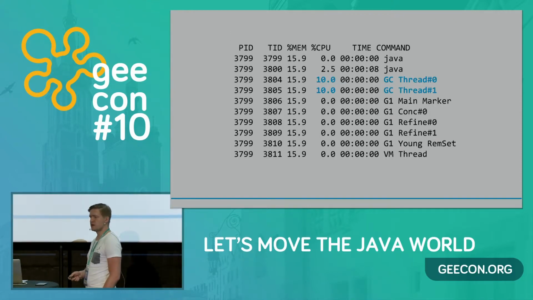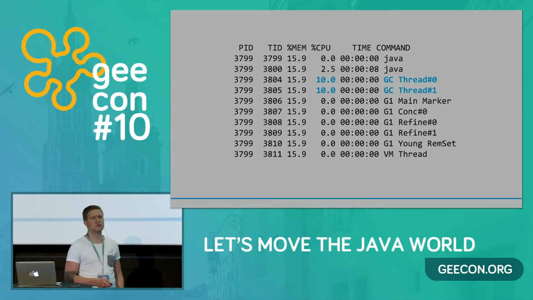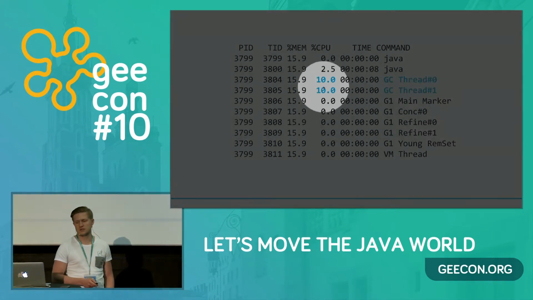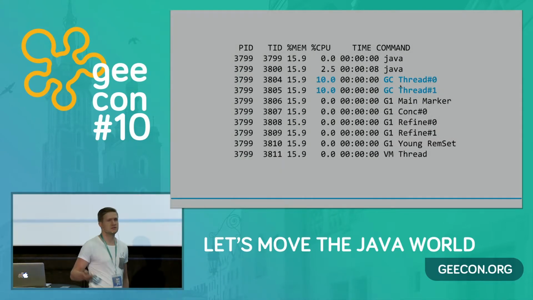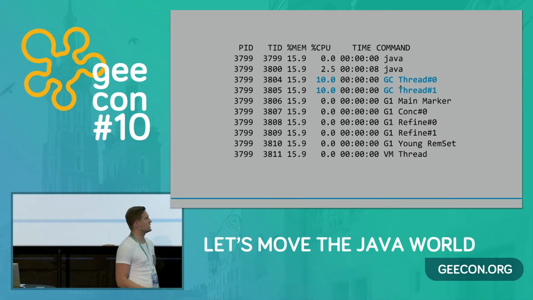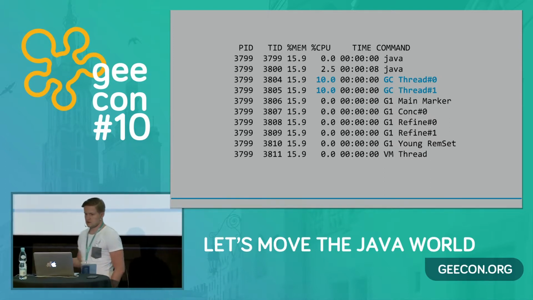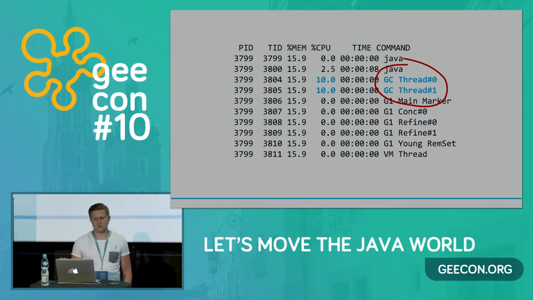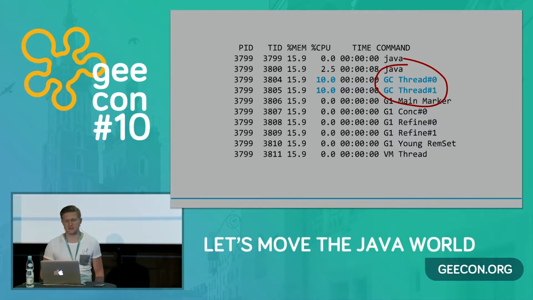So here, without even looking inside JStack, I can see that the two threads that actually use up my CPU time are GC threads. This is G1 GC because it's Java 10, so it's the default there. Okay, so great. We know which threads are actually eating up our resources without doing any more magic than necessary.